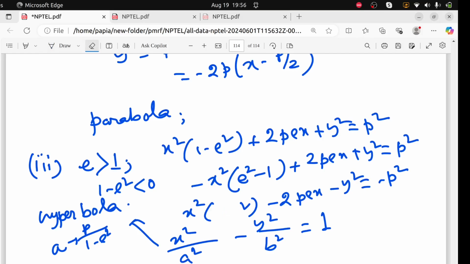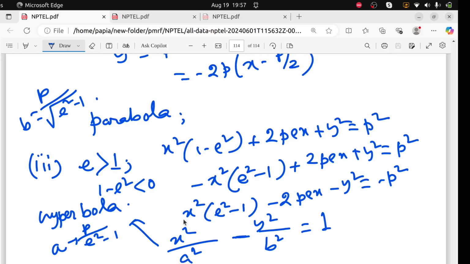So I take e square minus 1 for a, and b is exactly the same form, p by root over e square minus 1. So similarly to the ellipse, the hyperbola equation is there, but the minus sign is here because of the e square minus 1 calculation instead of 1 minus e square. So this is the case.